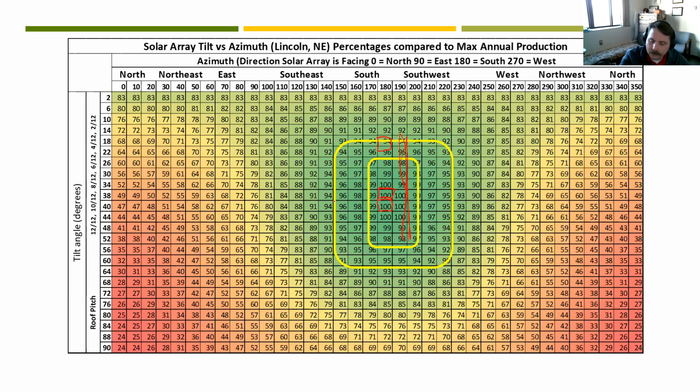I modeled a system the other day for a person's farm, and they had a barn roof that was facing southwest, at about 239 degrees, somewhere in here. They're going to get 90% of what they could if it faced due south, and it had a 4/12 pitch roof.